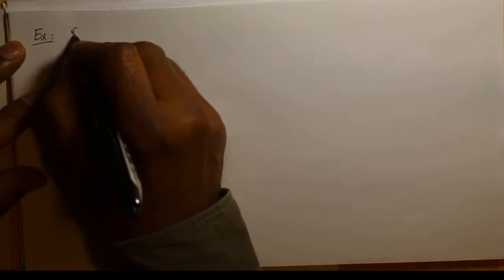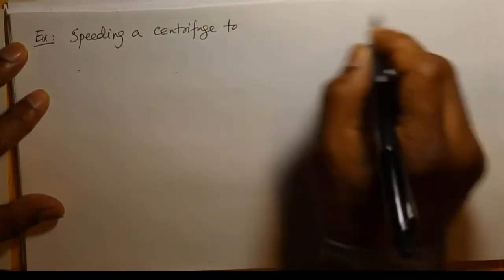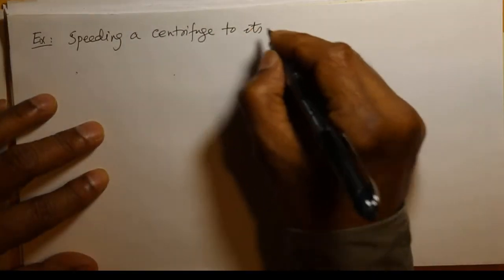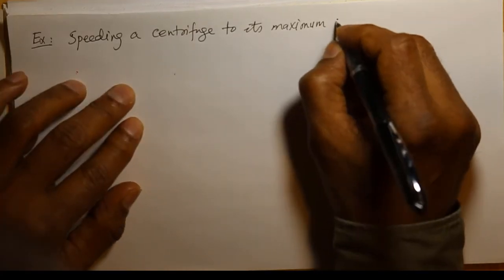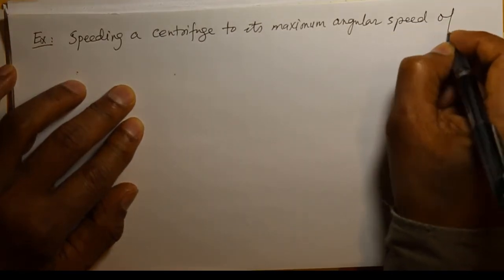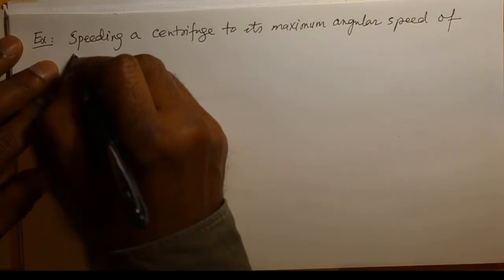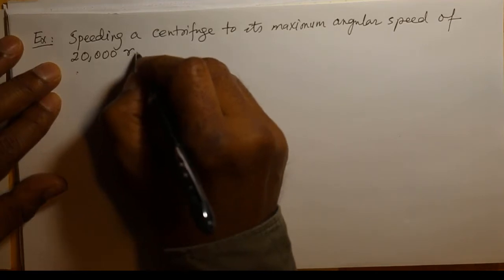So we are going to apply to an example of a centrifuge, say speeding a centrifuge to its maximum angular speed of, say this centrifuge has 20,000 RPM.